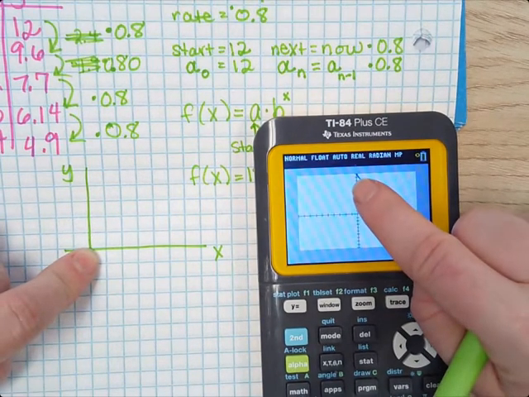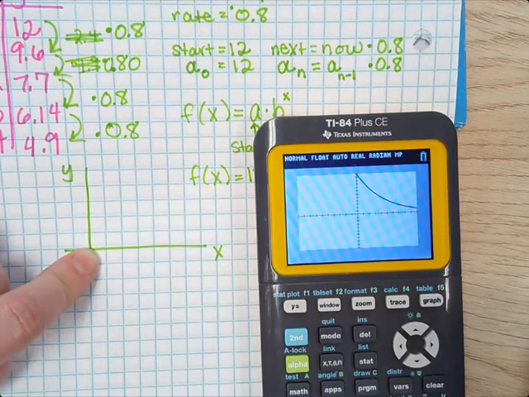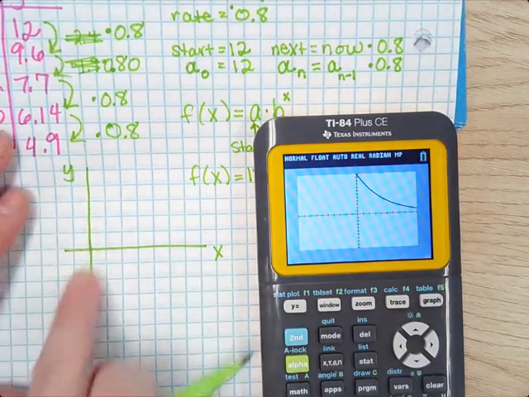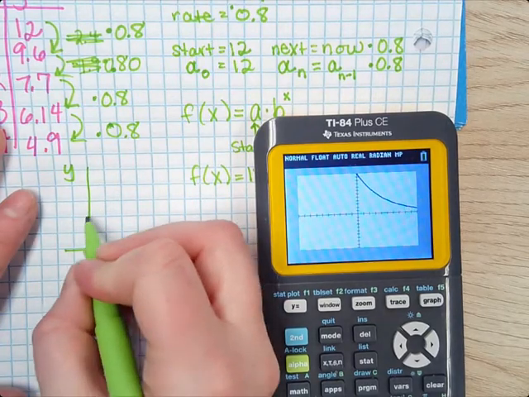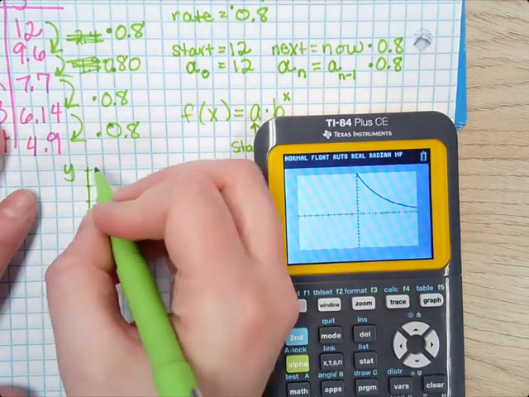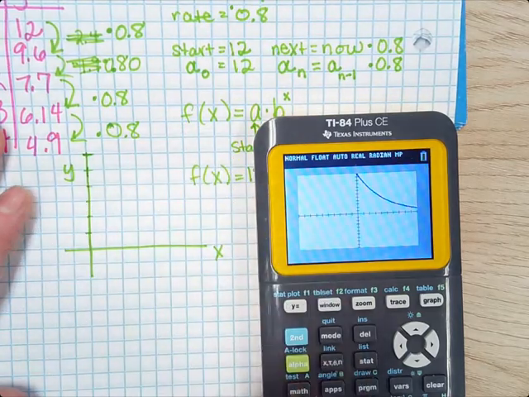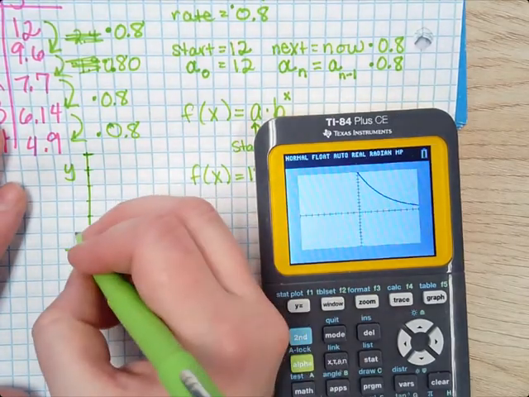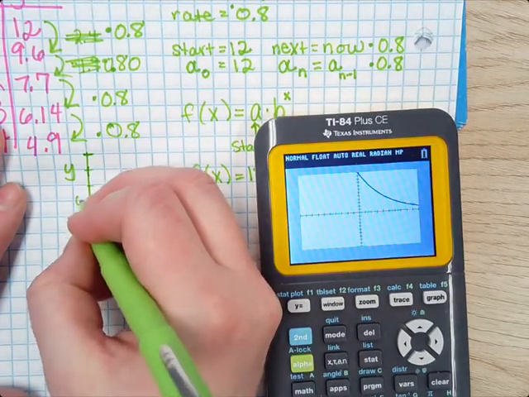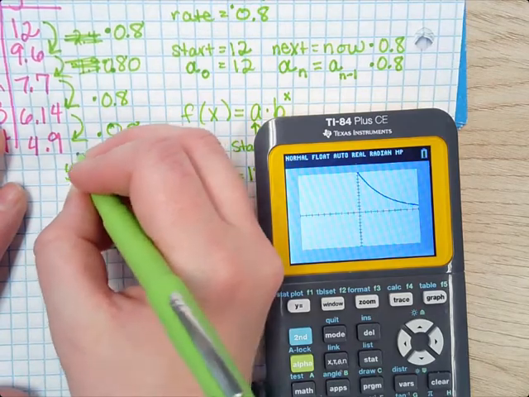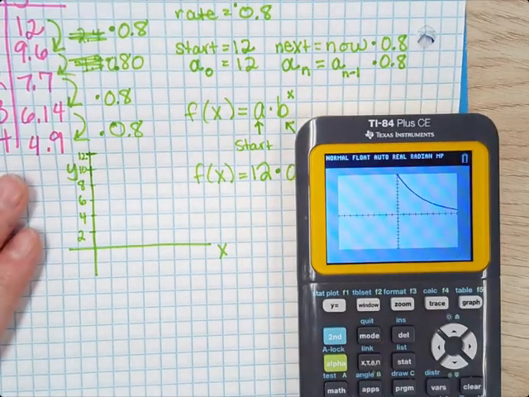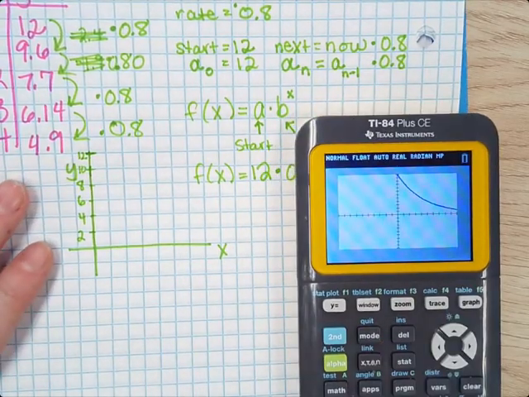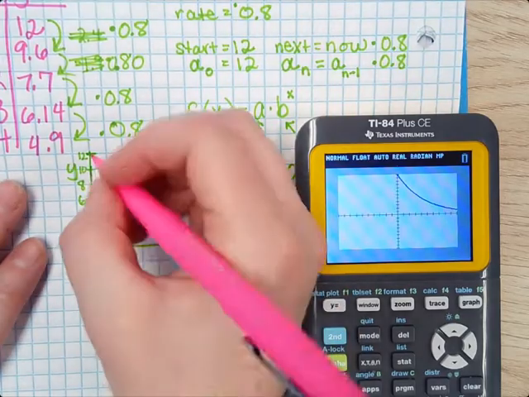Now we know it starts there and then goes down. So on my sketch, I want to make sure that my max is 12. I can go up by twos: 2, 4, 6, 8, 10, 12. So I can graph it now.